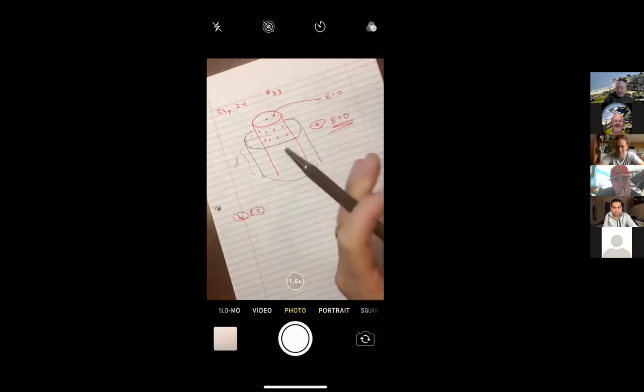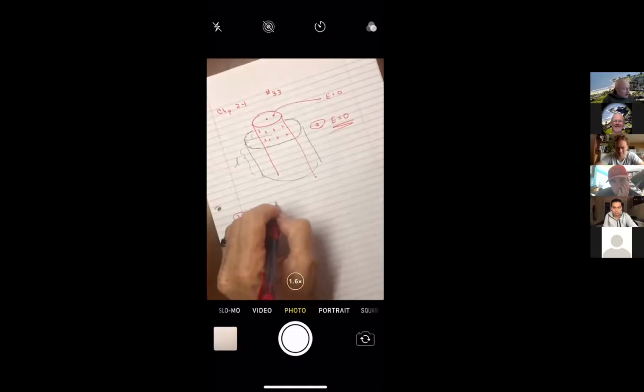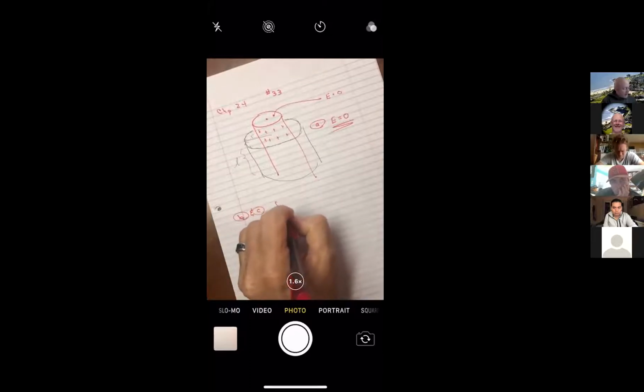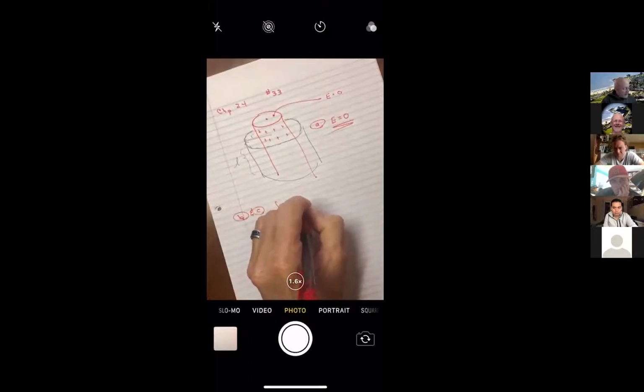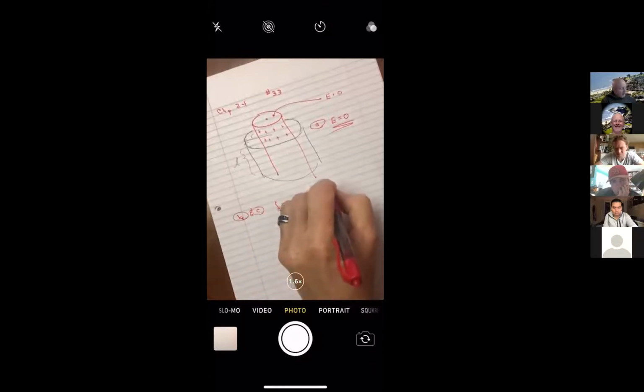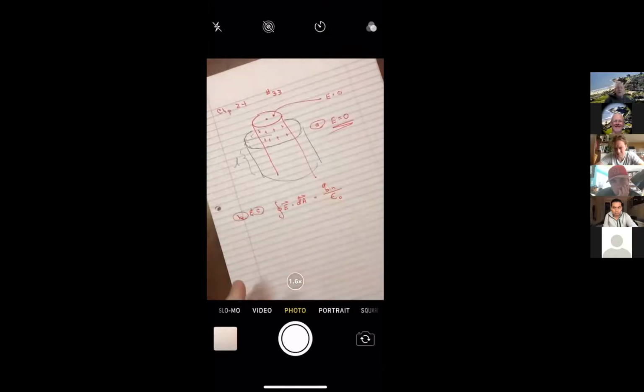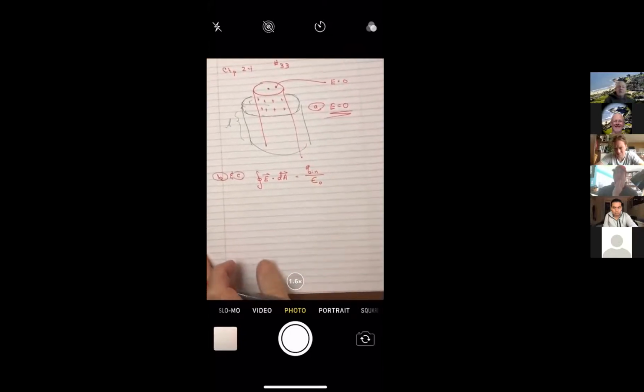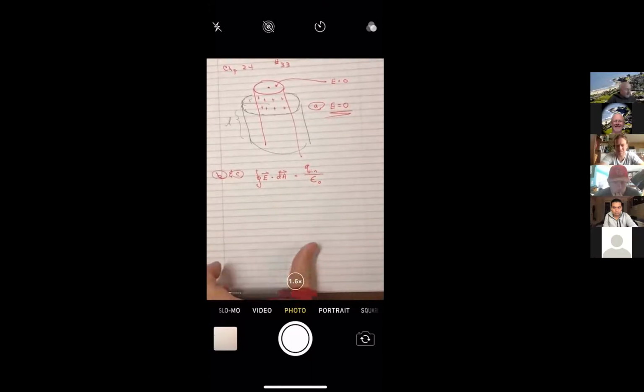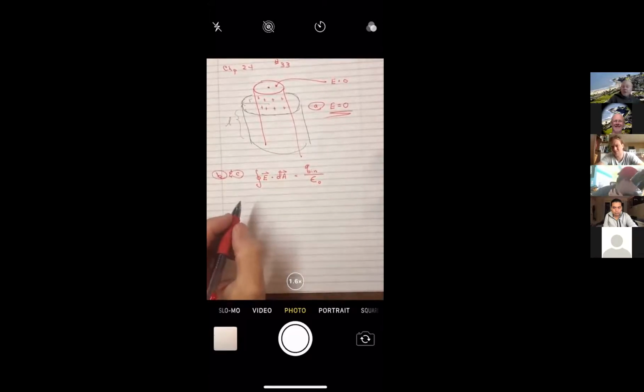So that's why whatever I derive here is going to be valid for both B and C. Coming to Gauss's law, the integral of E dot dA is equal to the charge inside the Gaussian surface over the permittivity of free space. That's just the generic formula.